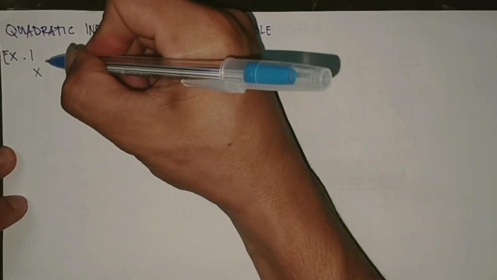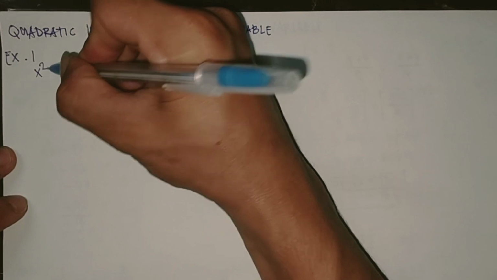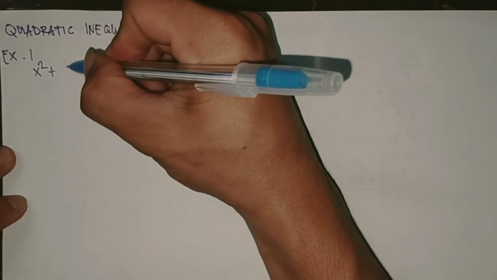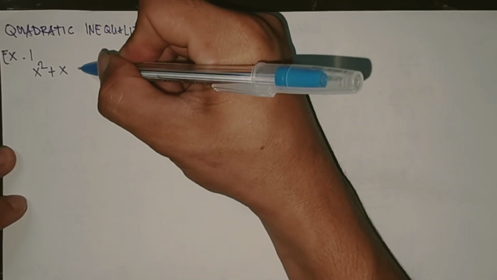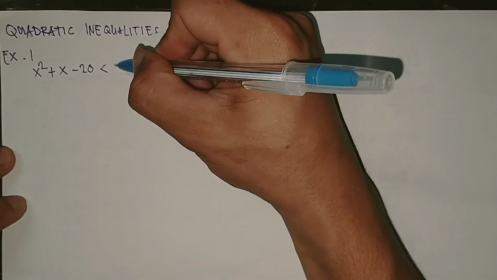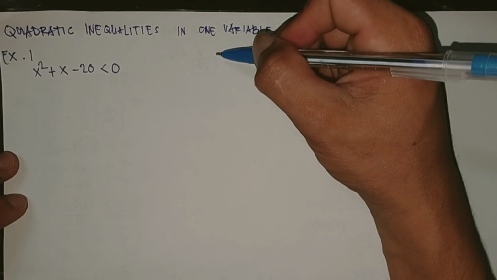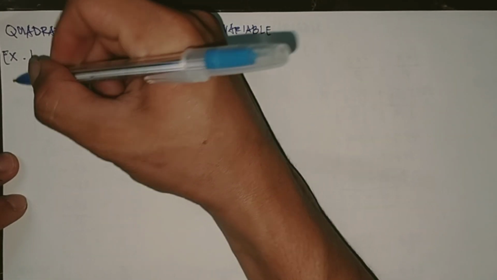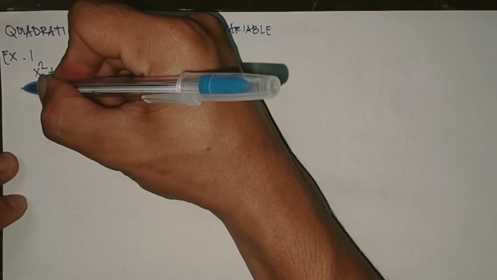Example number 1. We have x squared plus x minus 20 less than 0. Consider set the quadratic expression equal to 0.